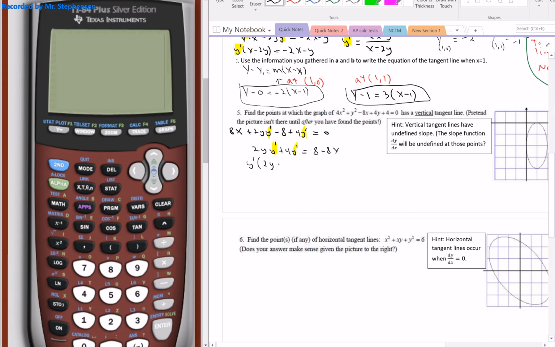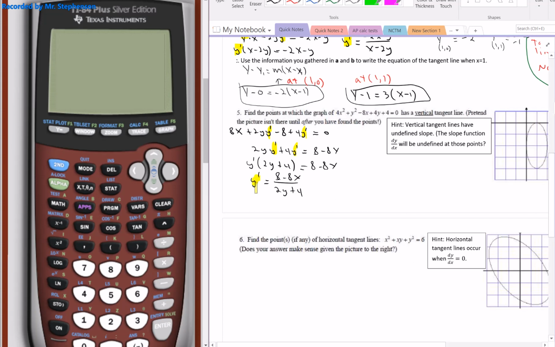So it'll be y prime times (2y plus 4) equals 8 minus 8x. So y prime is going to equal (8 minus 8x) over (2y plus 4). And so this is our slope function.